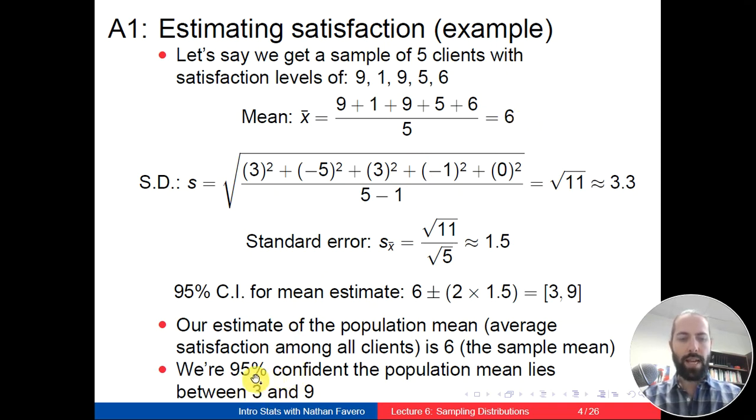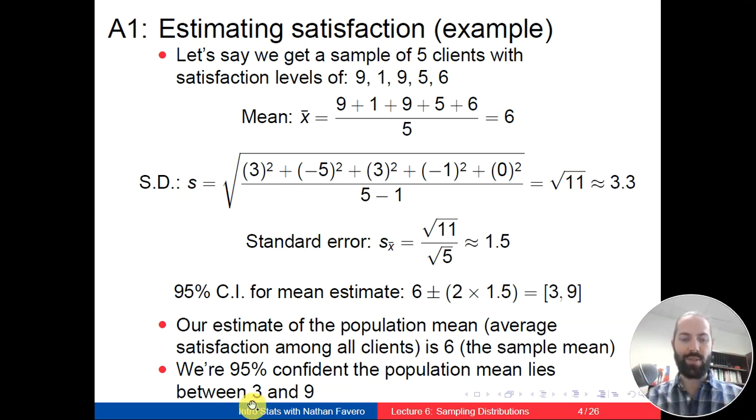But if we want to give a range, we could say we're 95% confident that the population mean is somewhere between 3 and 9. Notice that that's a pretty meaningless estimate, right? The full range of our satisfaction scale was between 1 and 10. So all we've done is narrow it down to probably the average satisfaction level in the population being between 3 and 9.